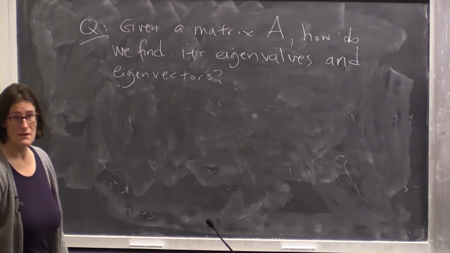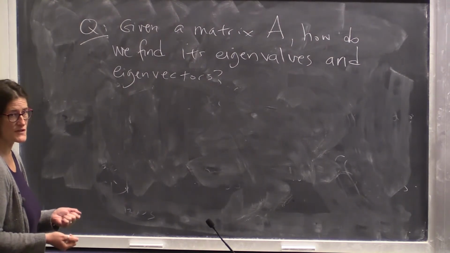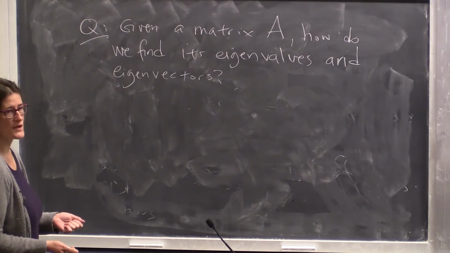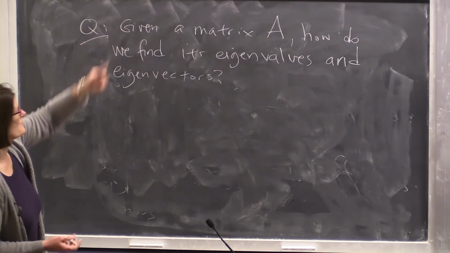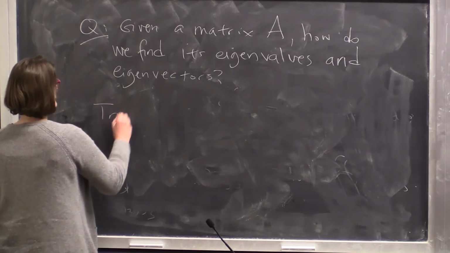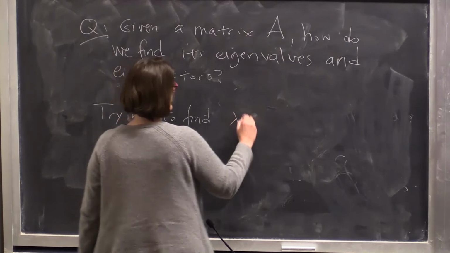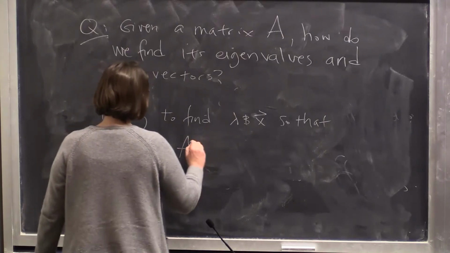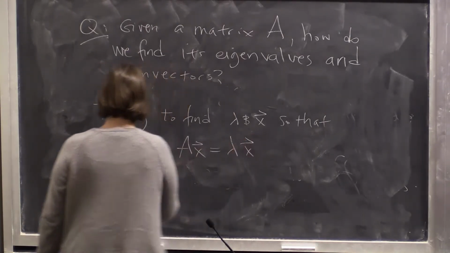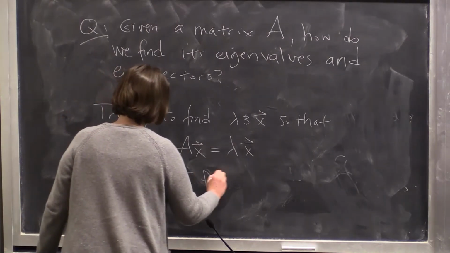Because in our last lecture, we realized that if you just try to find the eigenvalues and eigenvectors simultaneously, you end up with a nonlinear problem to solve. If you literally try to find lambda and x so that Ax equals lambda x, that is a nonlinear problem.